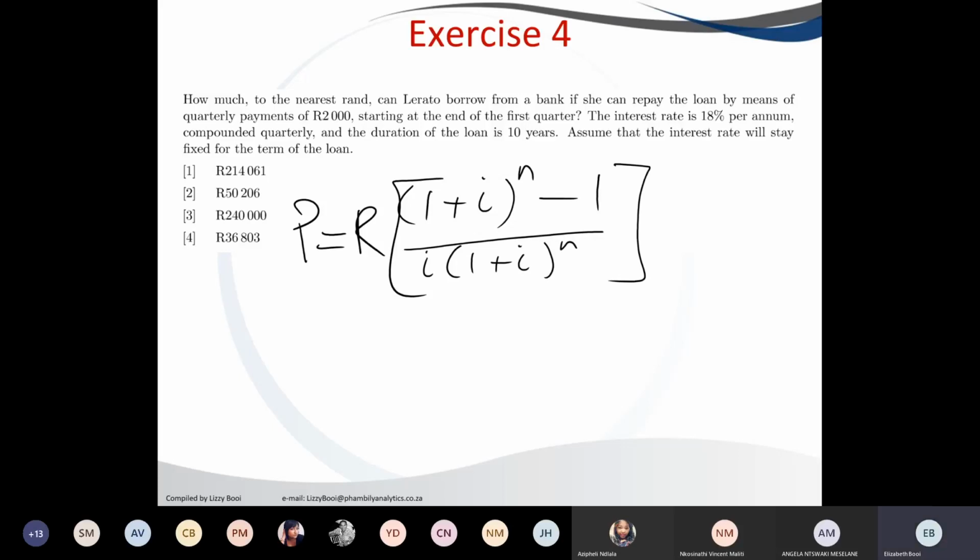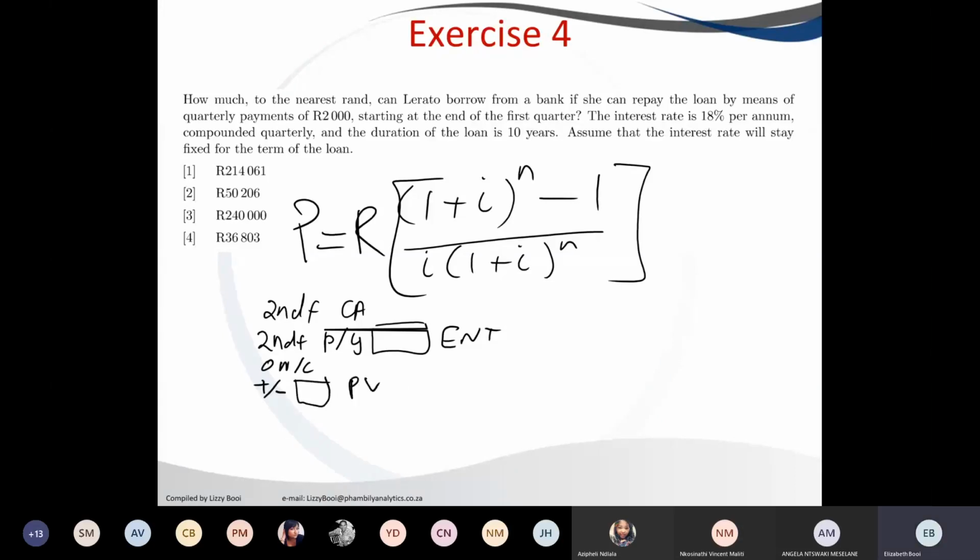And those who are calculating using a financial calculator, you should press second function, CA, second function, EY, and you put in your compounding periods and press ENT, and you go on and off your calculator. You do plus or minus. And you do the present value and you do your I/Y.